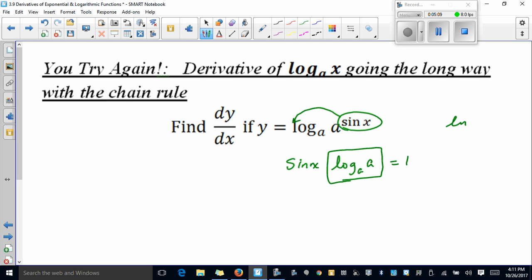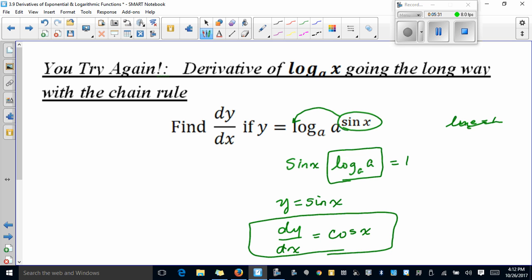So anyways, this guy is 1, so we're left with y equals sine of x. And the derivative of sine is simply cosine. Done. No, I don't want to go that well on this one here. I really don't. We can if you want on a day that we have nothing better to do. How's that?